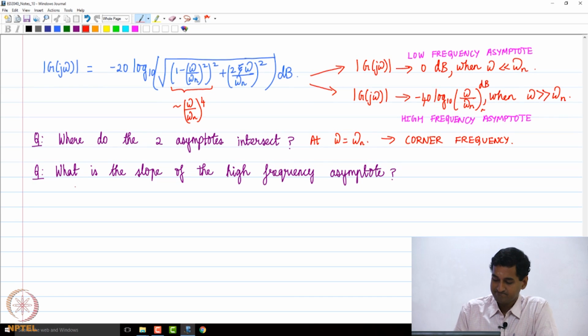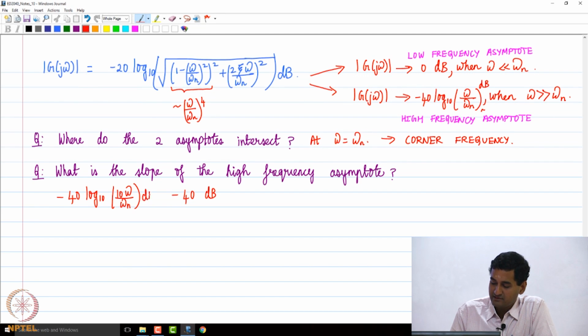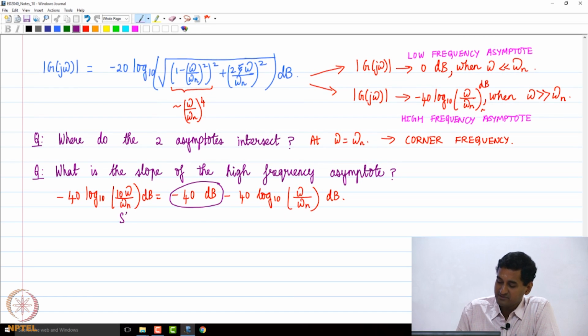We get minus 40 log to the base 10 of 10 omega by omega n, which in decibels is going to be the original minus 40 log of omega by omega n, minus another 40 decibels. So the slope of the high frequency asymptote is minus 40 decibels per decade.